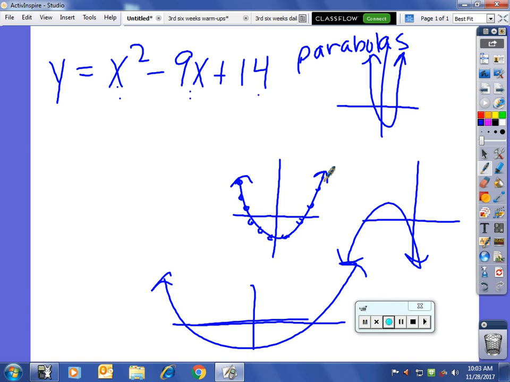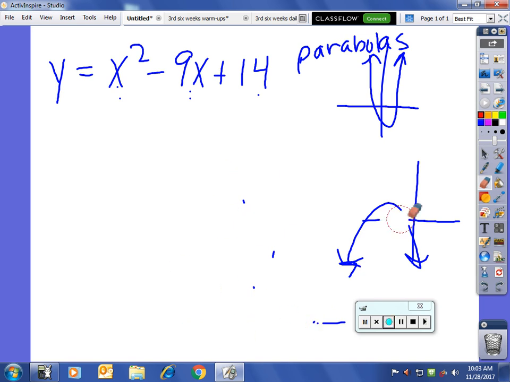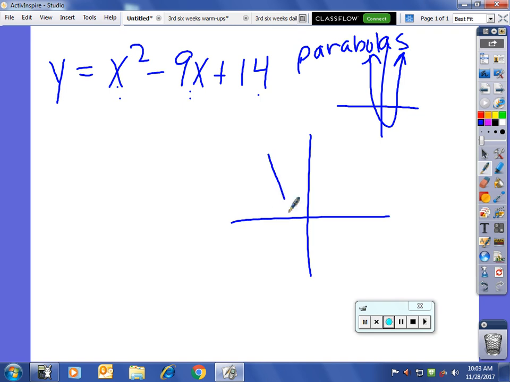Just let's look at a parabola and talk about what do you think might be some important points. So let's say here is my parabola. What do you think might be some important parts of a parabola? Where it crosses the x-axis, where it crosses the y-axis, those are absolutely important points.